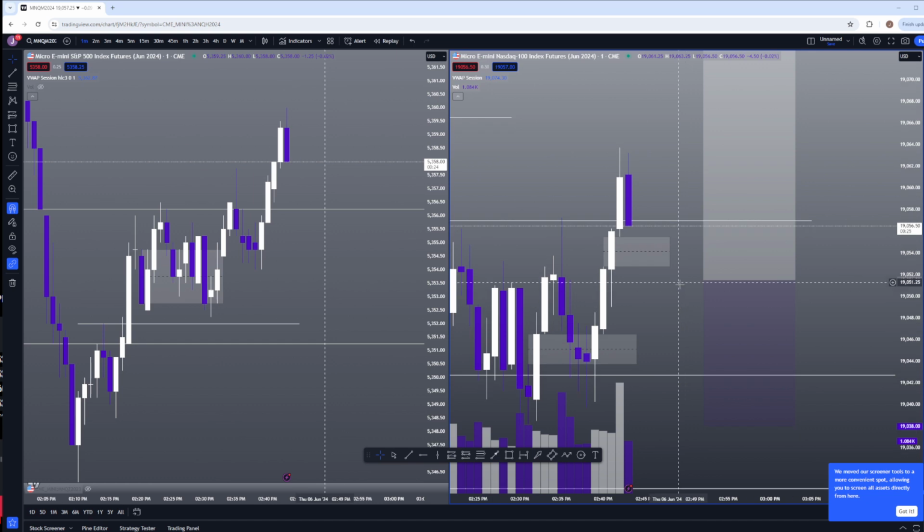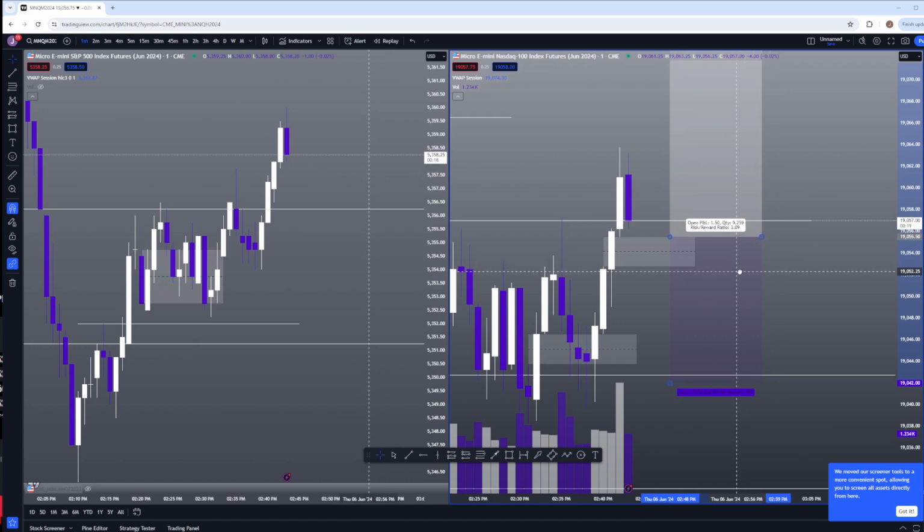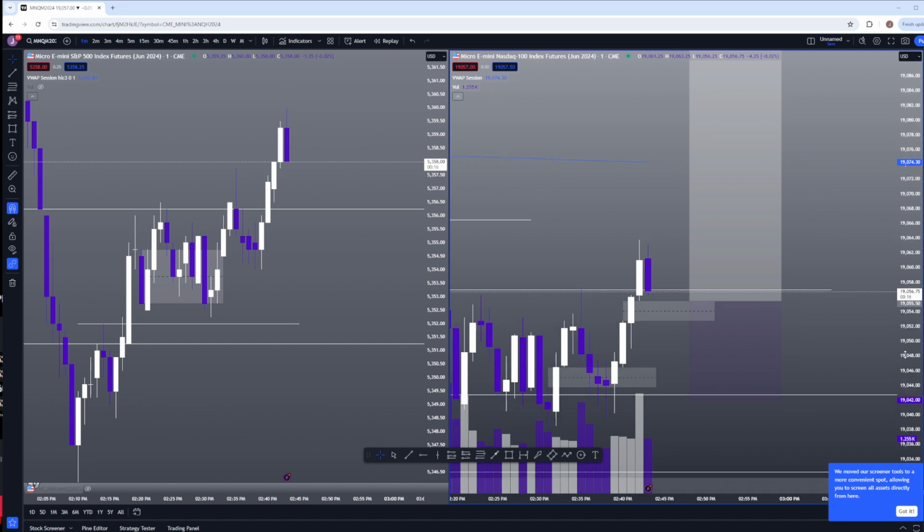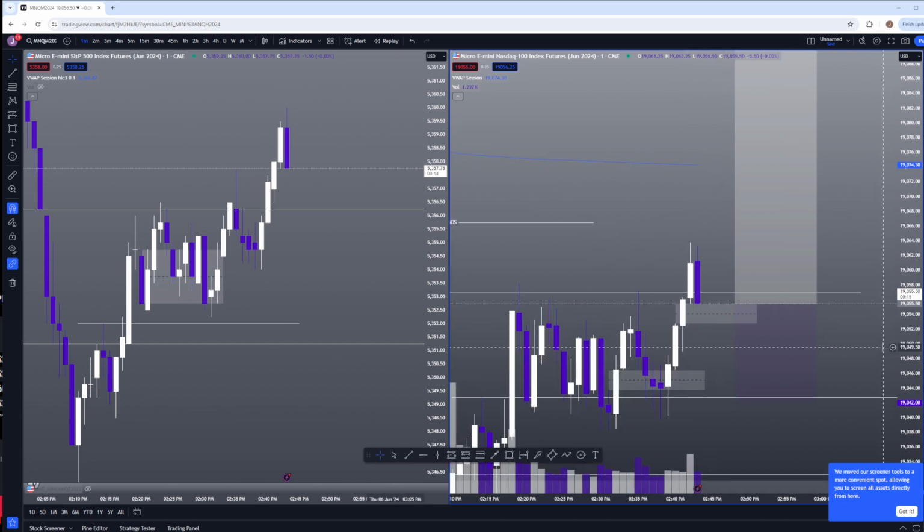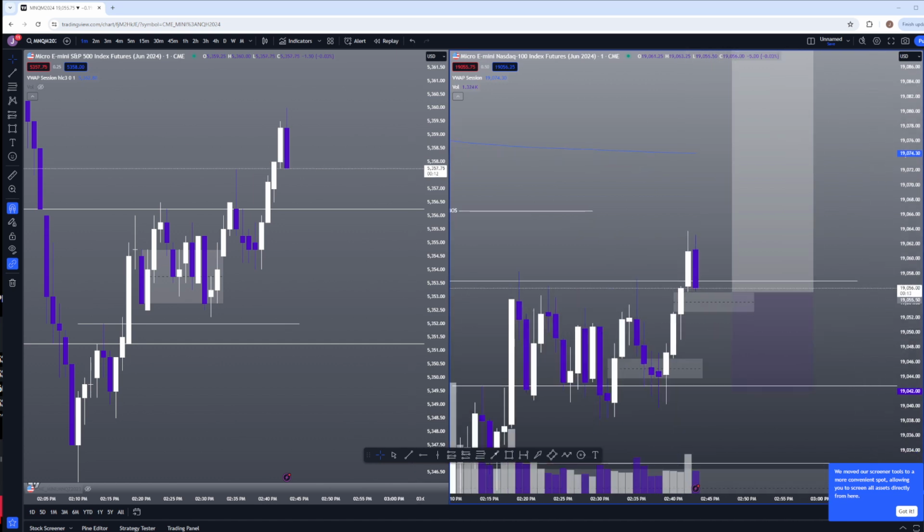See what we're going to do if we test this fair value gap. What kind of reaction are we going to get?